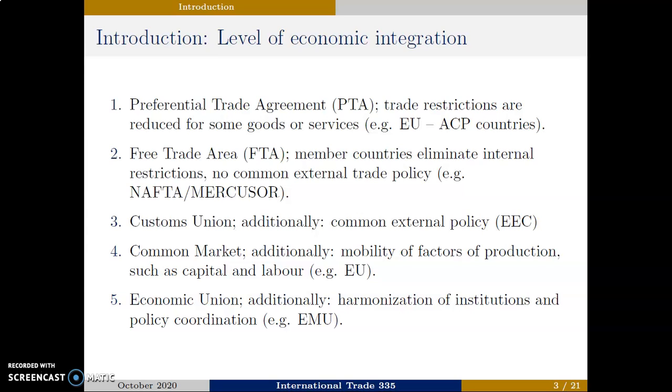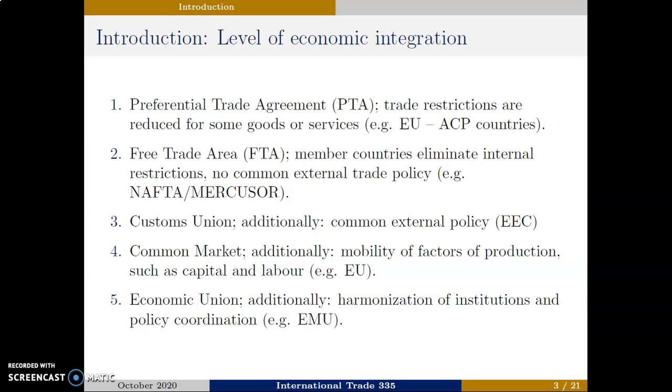The fourth level of economic integration is a common market. Additionally to the external trade policy and free trade, this level includes mobility of factors of production, the free movement of factors of production like capital and labor. An example of this is the European Union.